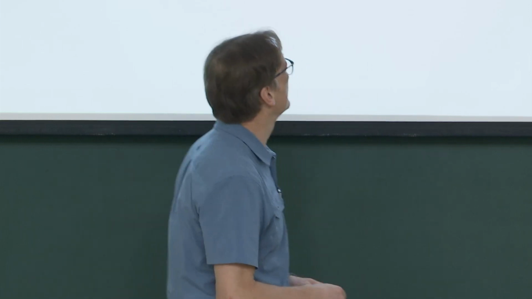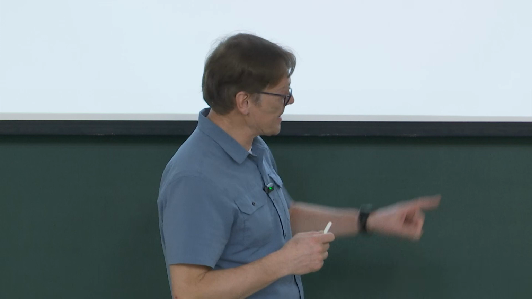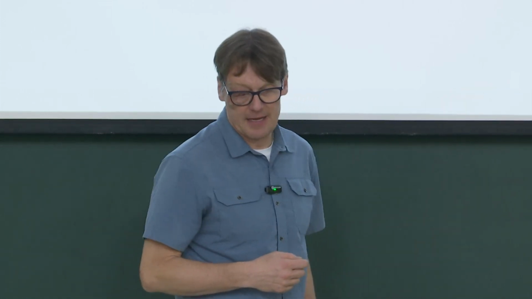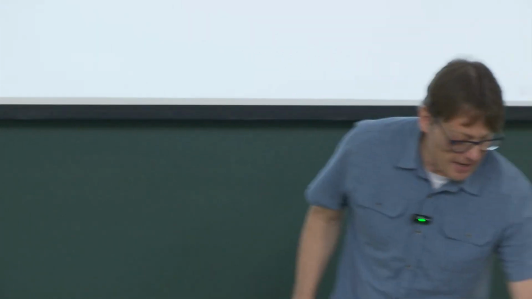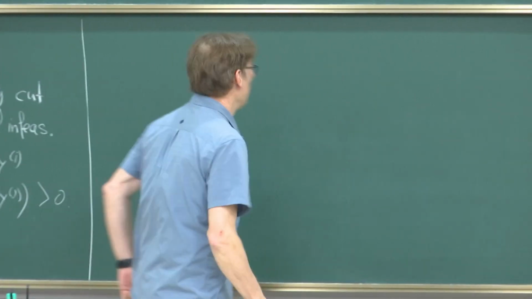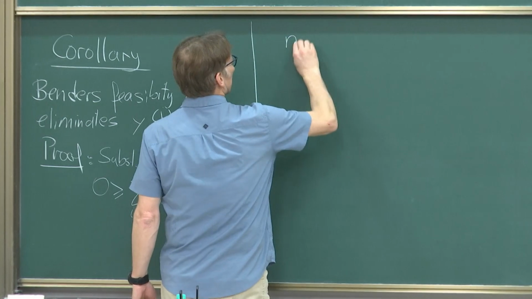So one way to do this would be to write down the first order optimality conditions. So I'm going to try to do this on this little piece of board there, but I can also switch off the monitor, up the screen. Okay, so let's write down this problem again.